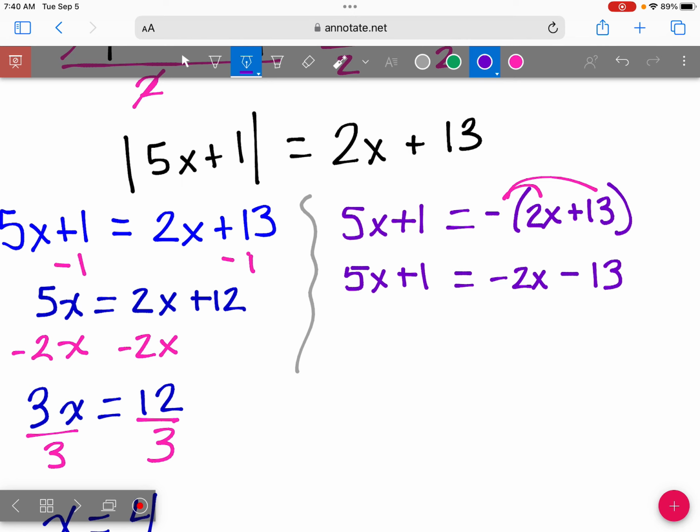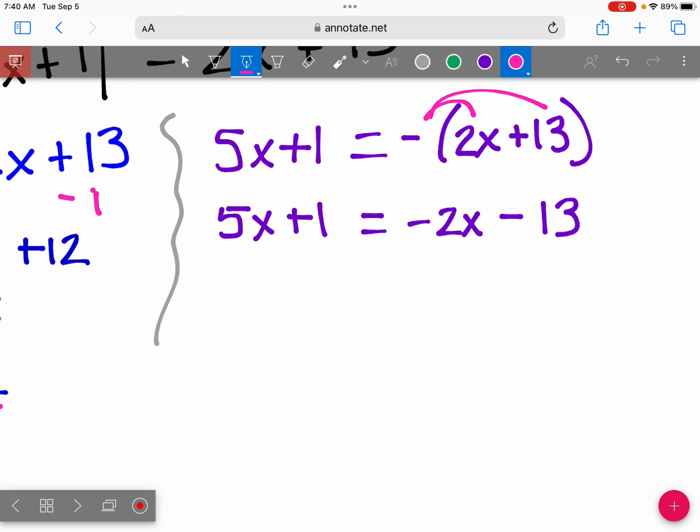Then what are we going to do first? On this guy. Yeah, we can still minus the 1 on both sides.